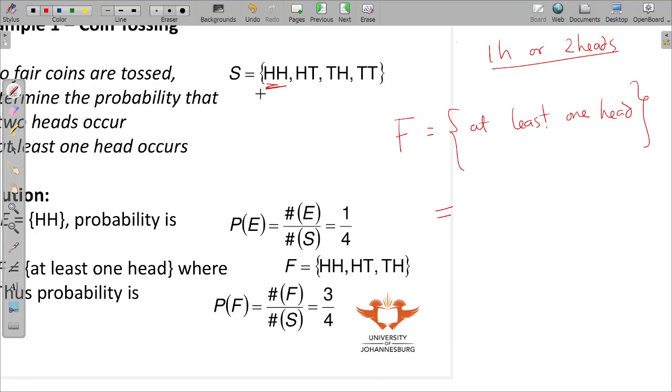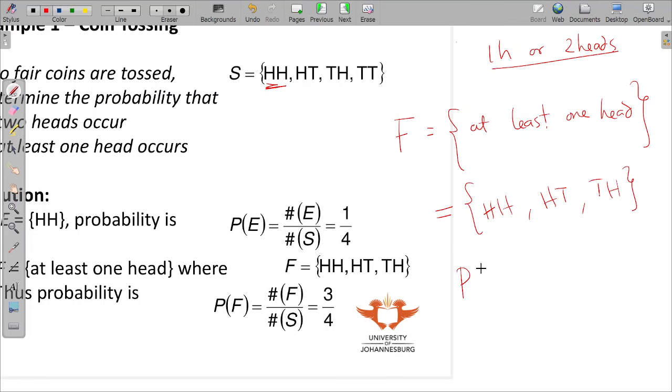So how many do we have there? This is 2 heads, so we take it along because there's at least 1 head. This is 1 head, we take it with us. This is 1 head, we take it with us. This one has no head, so we don't have that one.